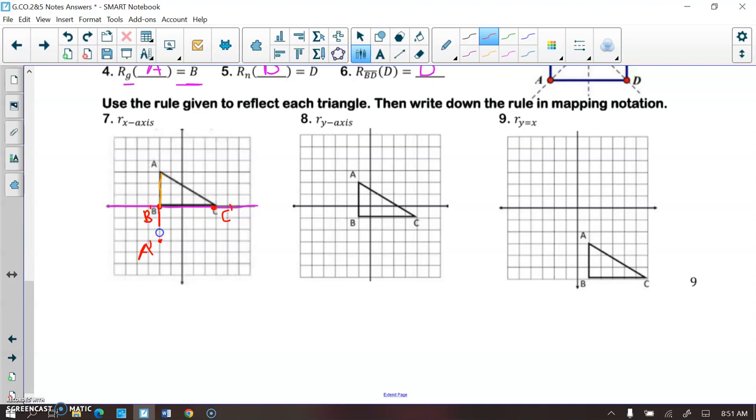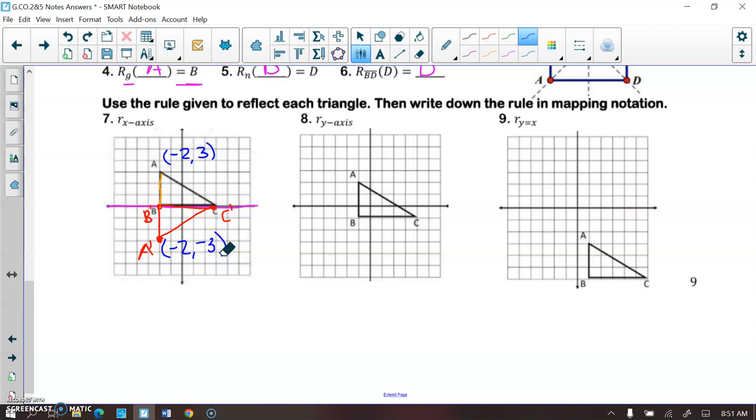Now, it does say to write our rule in mapping notation. And so we need to determine what happened between each of these 3 points to figure out our rule. Well, B and C stayed the same, so that's not going to be useful to us. But let's look at point A. Point A was originally at the point -2, 3. Point A prime is at -2, -3.